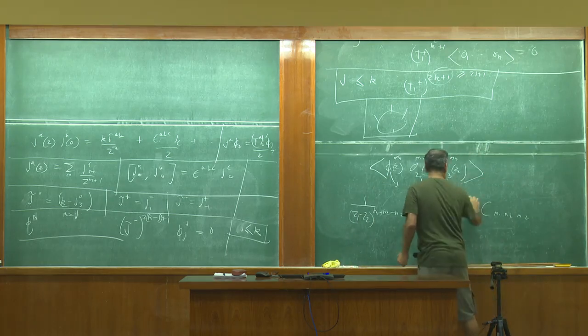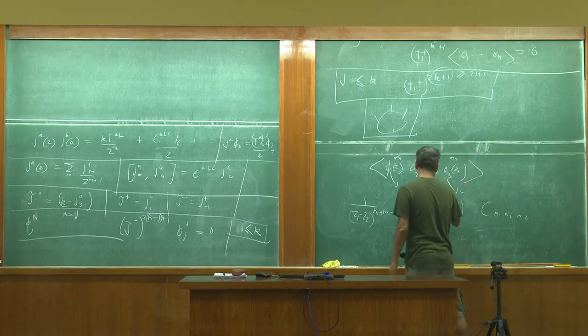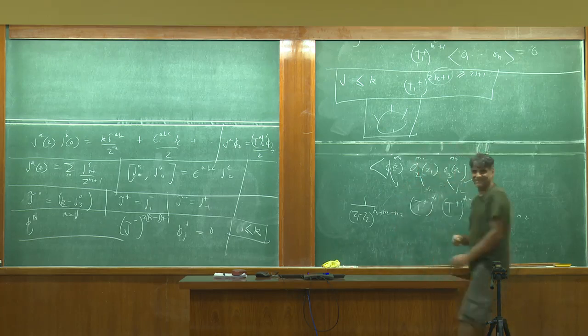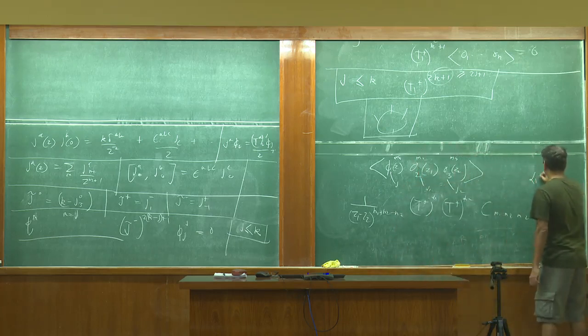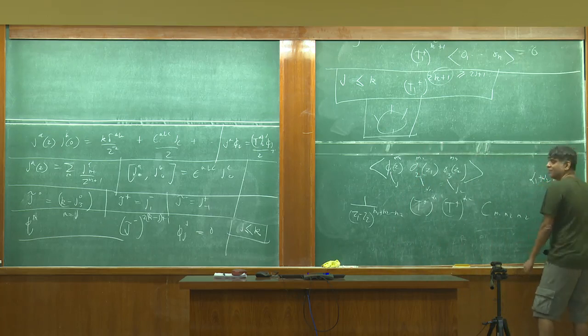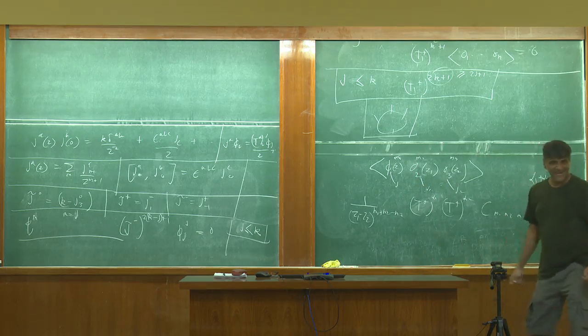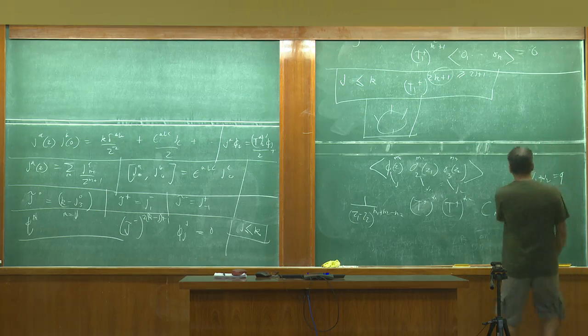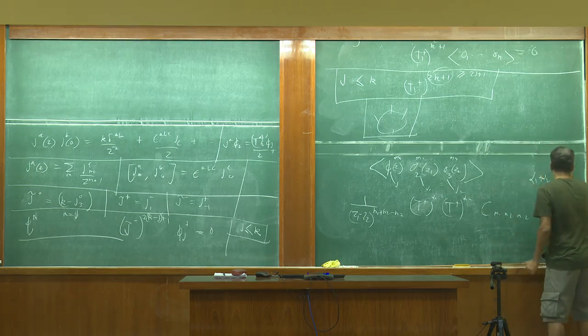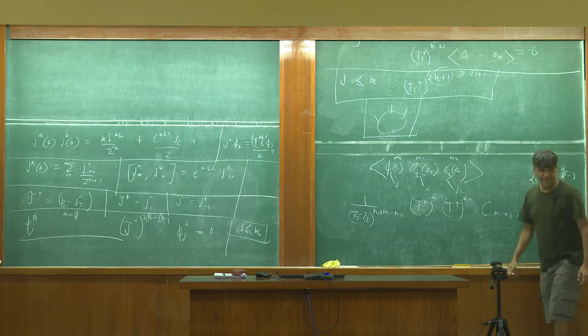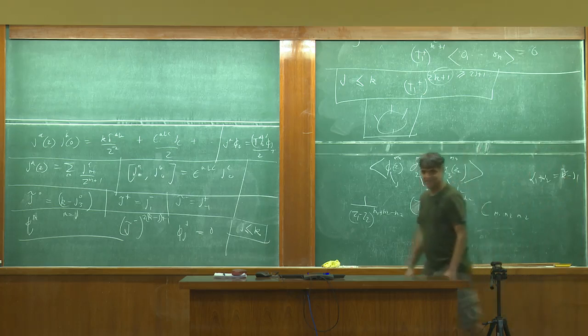Sorry, let me call these alpha 1, alpha 2, where alpha 1 plus alpha 2 is equal to q. And q was equal to what? k tilde minus j, minus j1, right? k tilde minus j1.